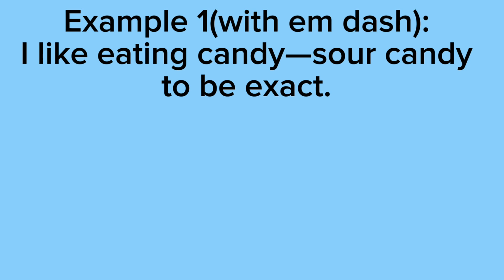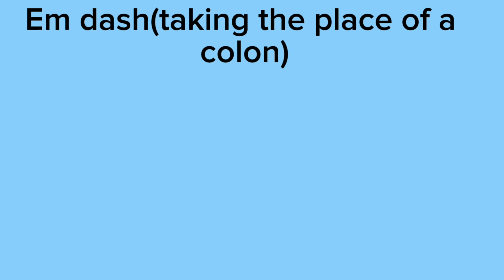So not only are we using the em dash for irrelevant information, but it also can be used to elaborate. So saying sour candy to be exact is elaborating on what kind of candy I like, but it's also including irrelevant information.